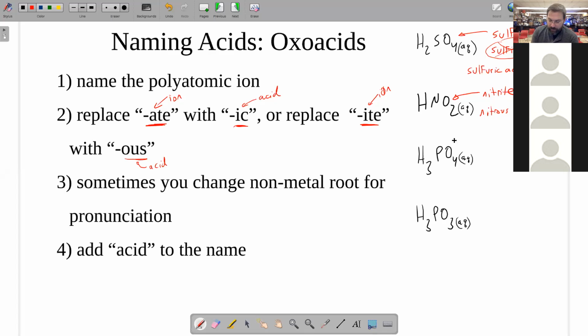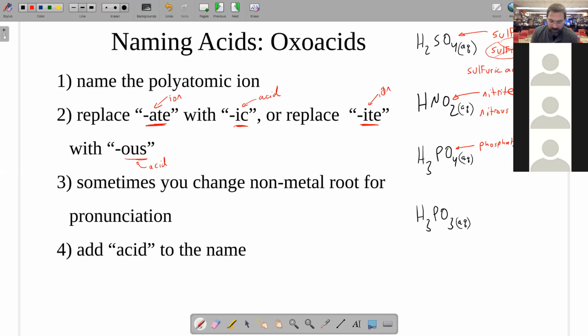These two look similar, but here's how the names are different. PO4, that's phosphate. And ate changes to ic. Now, this is another one of these exceptions. Let me show you what I mean.